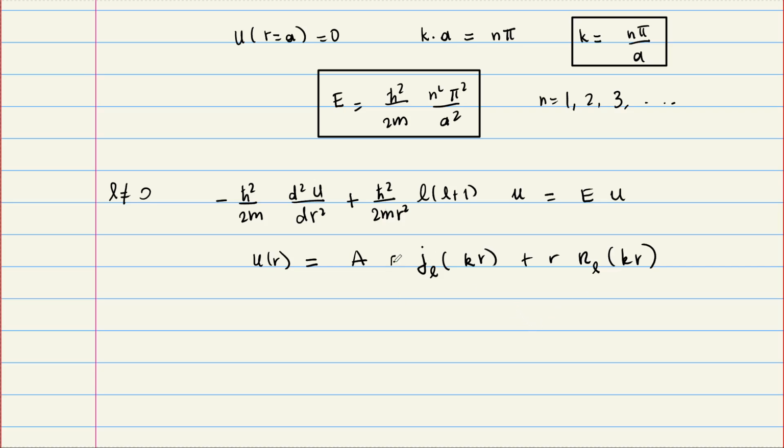This is the solution that satisfies this differential equation, and this little j and little n are kind of like sines and cosines, but a little bit more complicated. This one is the spherical Bessel function, and this one is the spherical Neumann function.